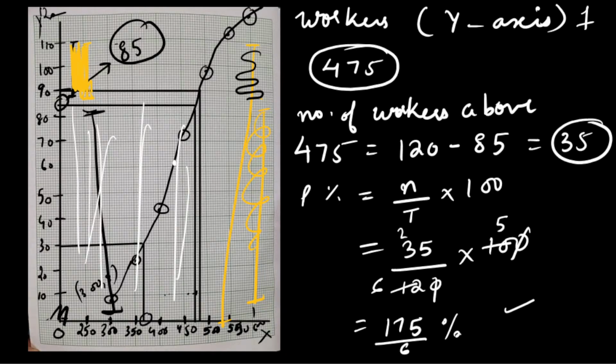So approximately 28 point something we'll get. 28.3 or some value close to this we'll get.